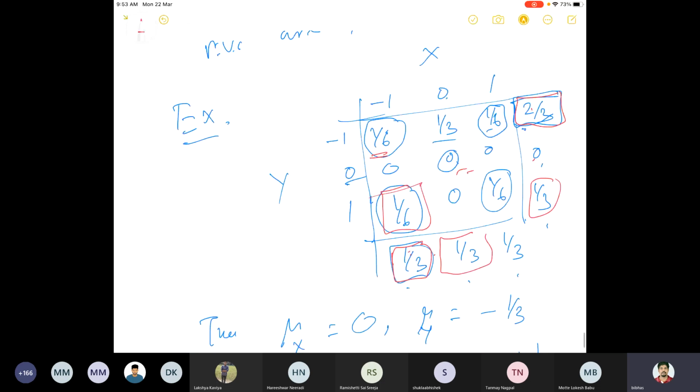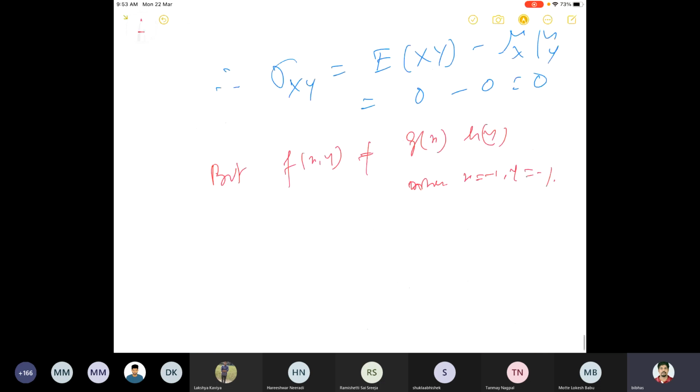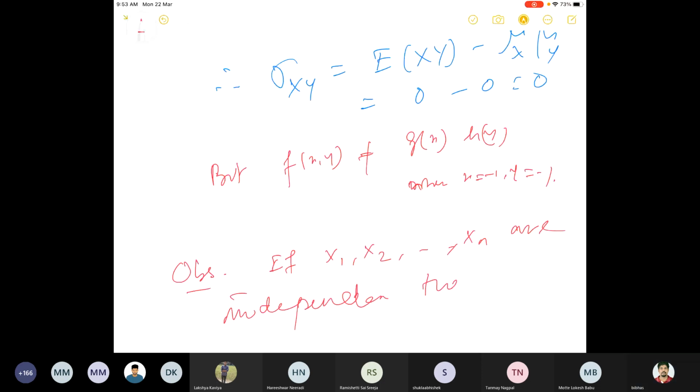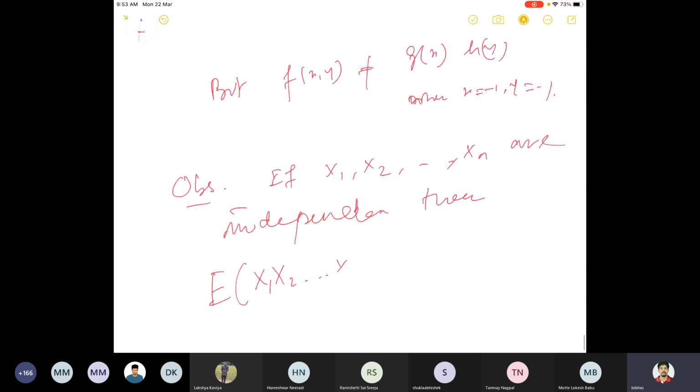So if x1, x2, ..., xn are independent, then the expectation of the product x1 x2 ... xn can be written as the product of the individual expectations, E of x1, E of x2, up to E of xn.